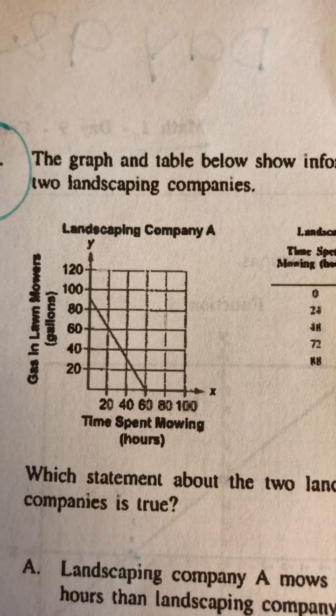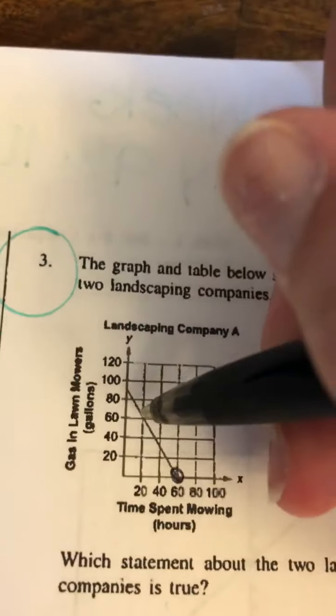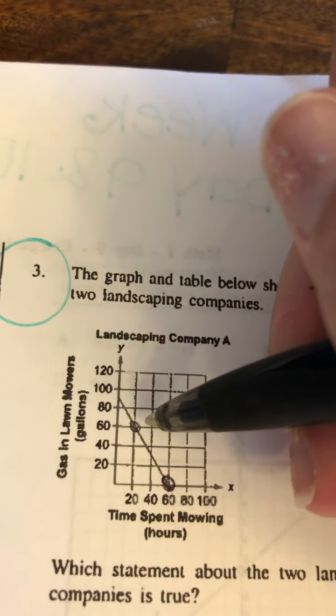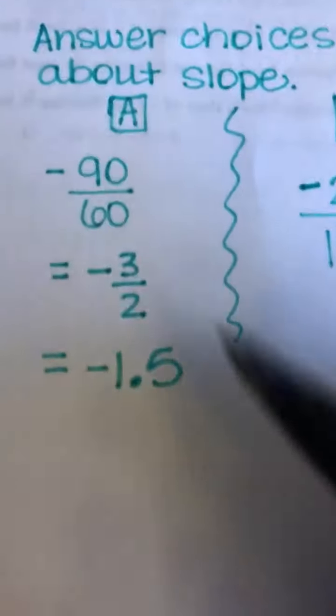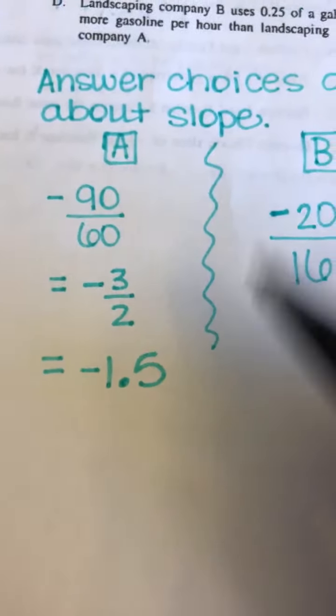Looking at my pretty points and rise over run, you can see there's a pretty point right here on the x-axis, and then there's a pretty point here. So you would rise 60 and run 20. And then if you simplify that, you would get -3/2, which is -1.5 in decimal form.